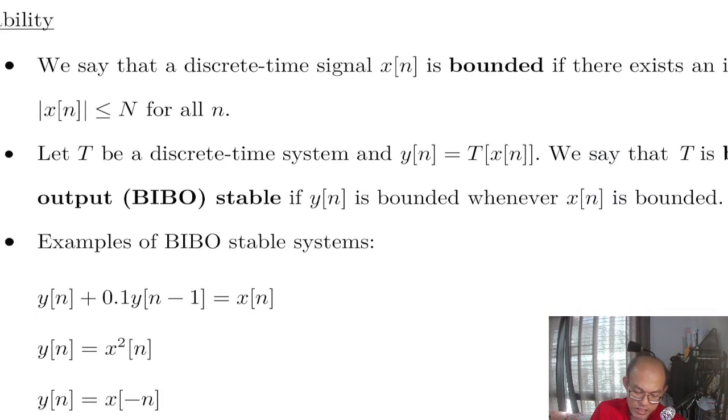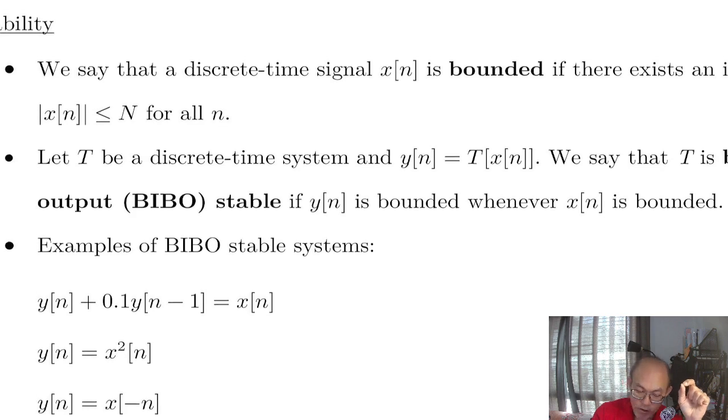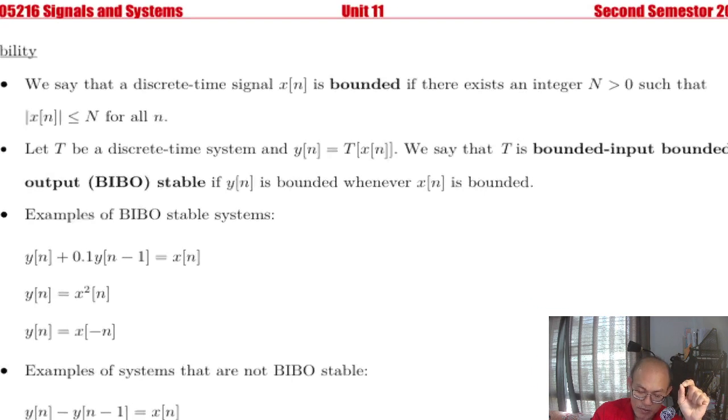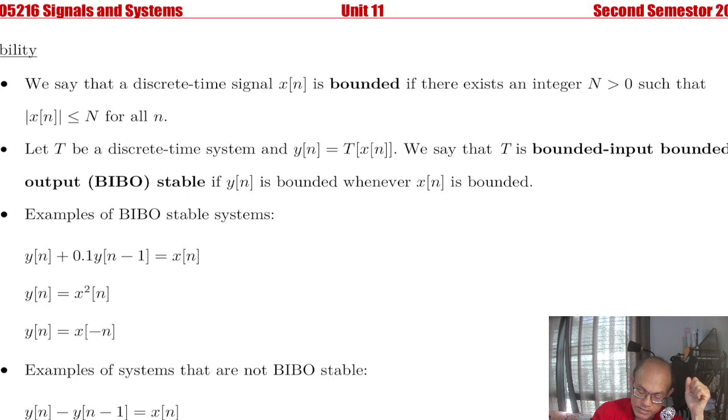Stability. A discrete time system is stable if whenever you have a bounded input, the output is also bounded. Now, what do I mean by a bounded signal? A signal is bounded if there exists an integer capital N such that the magnitude of x doesn't exceed N for all samples.